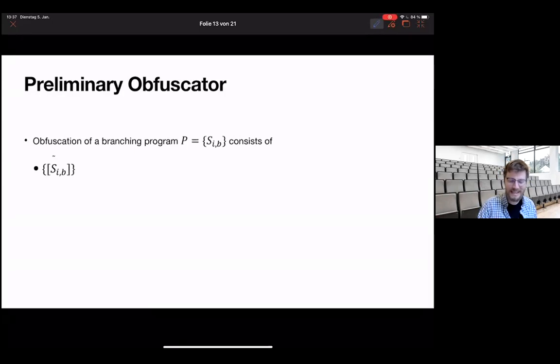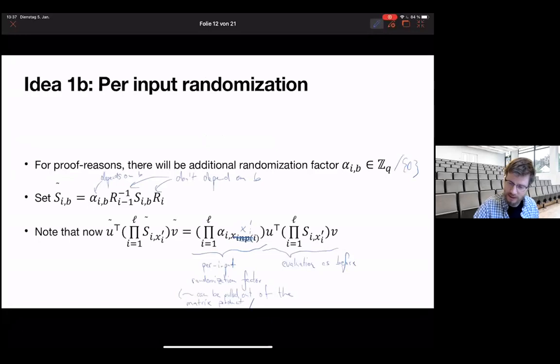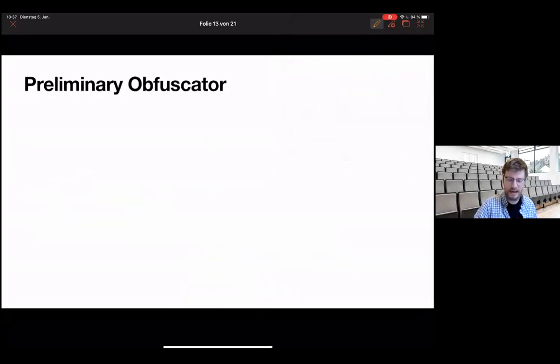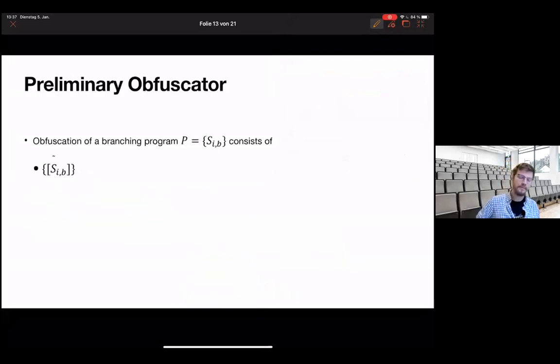So we take these S_iB tilde that we've just defined here, using all these randomizations, the alpha_iB and the R_{i-1} inverse and R_i. I just send this into the multilinear map, I encode this in my multilinear group. I'm not talking about the levels yet.